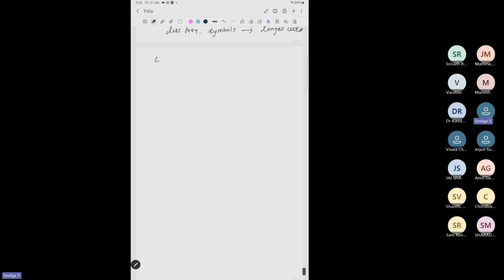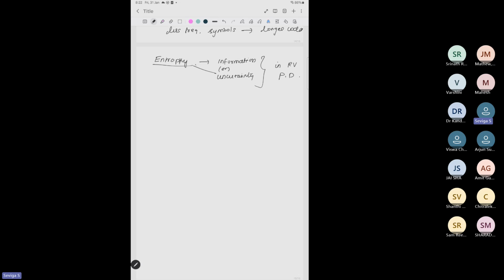Now let us see what is entropy. Entropy is nothing but the amount of information or uncertainty in a random variable or a probability distribution function.